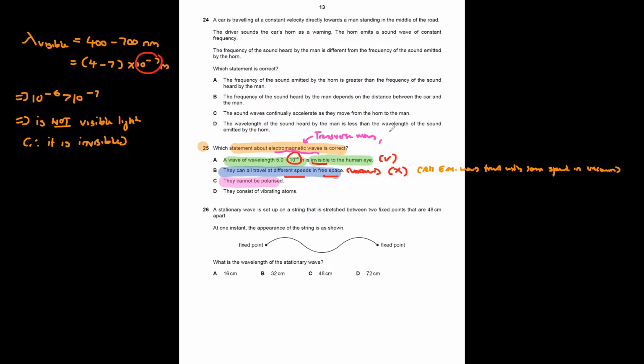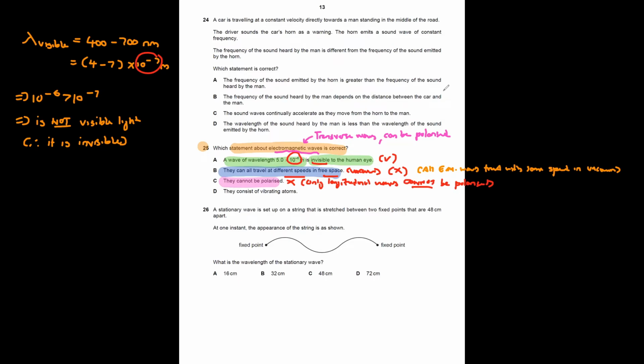So transverse waves can be polarized. All right, so answer choice C is definitely out, because only longitudinal waves cannot be polarized.